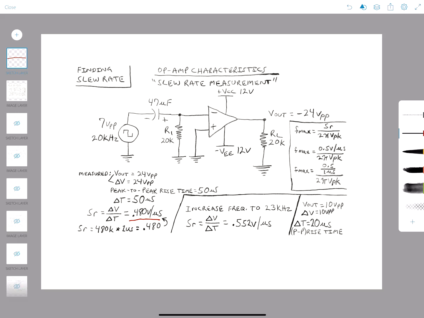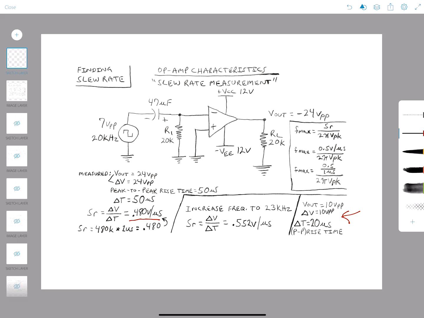I also gave you another example here: if V out was 10 volts peak to peak, and then we had 20 microseconds. I just gave you these as random values to find out what our slew rate would be. If we put these values into our slew rate formula, we have 10 divided by 20 microseconds, and that would give us the 0.5.